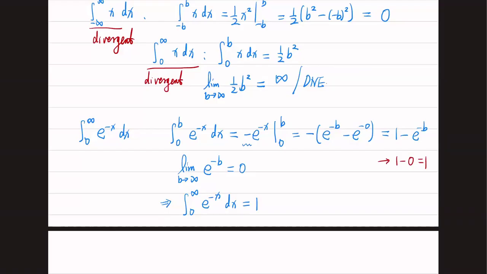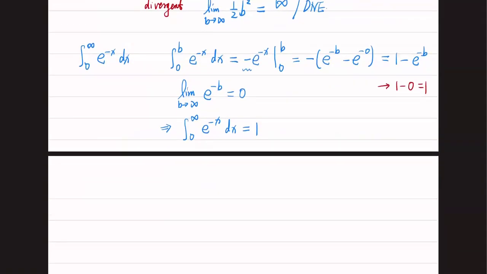Examples of this integral, another one, with two sides infinity. Okay, let's try to find this integral of 1 over 1 plus x squared. At x equals 0 the function is 1.